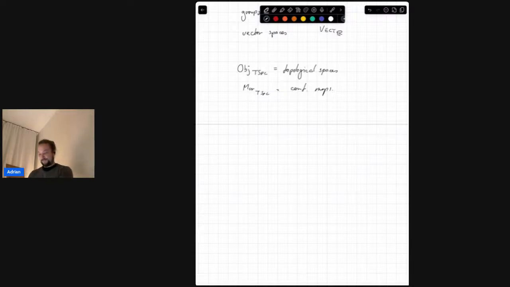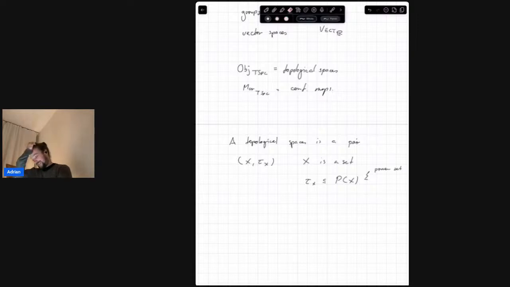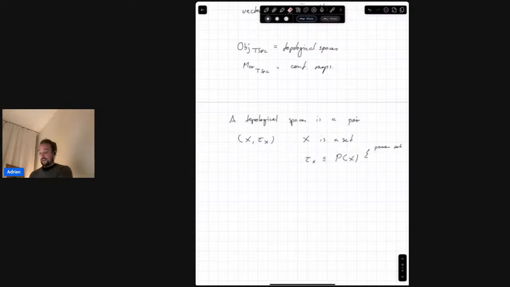But a topological space is a pair X and tau X, where X is a set and tau X is a subset of the power set of X. This is the power set, satisfying some conditions.